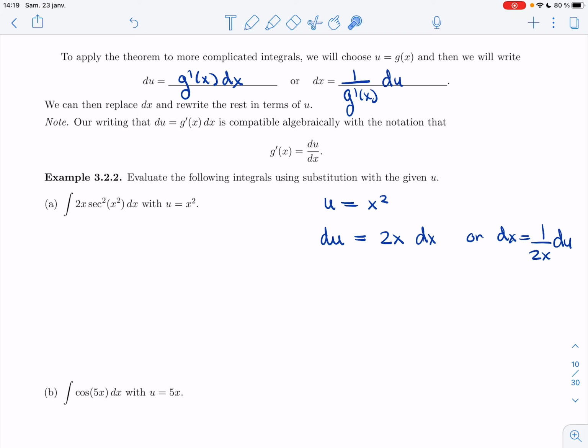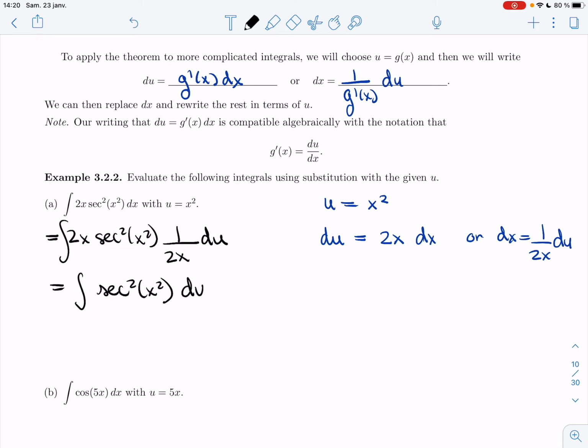If I do it like this, what I'm going to do is take all of this and put it where I have dx. So I'm going to get the integral of 2x secant squared of x squared, and then I get 1 over 2x du. So this and this will cancel, and I get secant squared of x squared du.